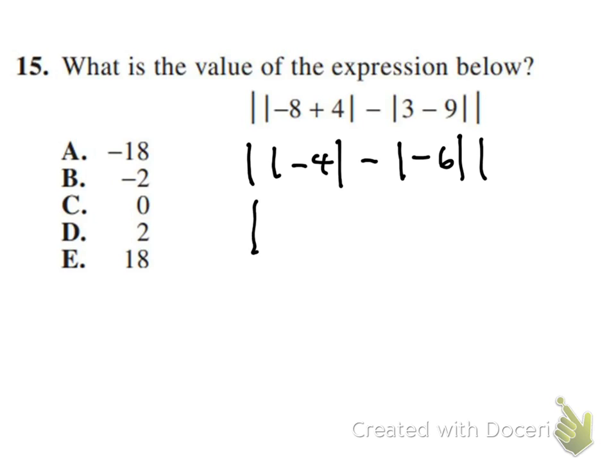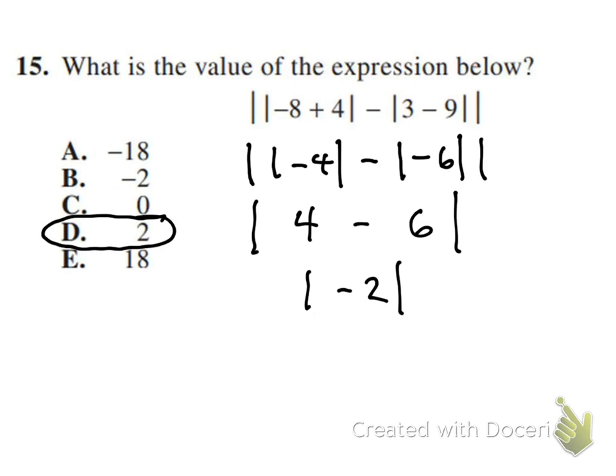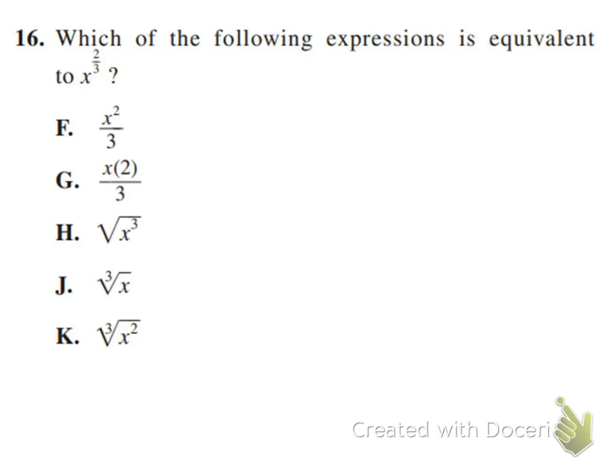What's the absolute value of negative 4? 4. The absolute value of negative 6 is 6. Right? 4 minus 6 is negative 2, and the absolute value of negative 2 is 2. All right. Next question.